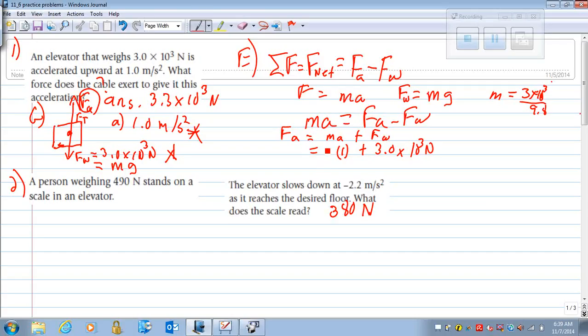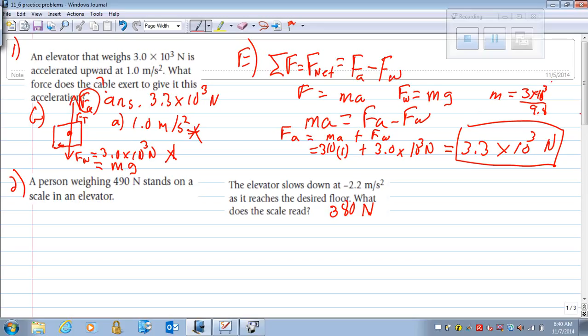This rounds off to about 310. So now all I have to do is my addition here, and this is going to be about 3,310, but it rounds off to 3.3 times 10 to the third newtons. That's our answer.